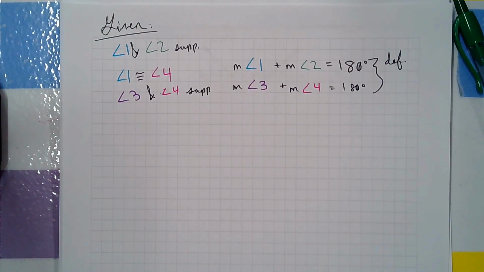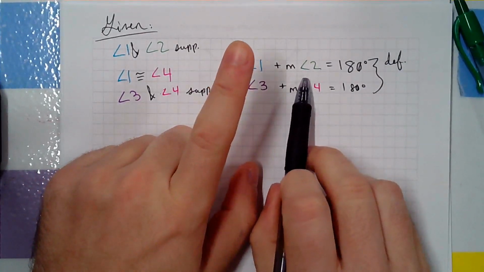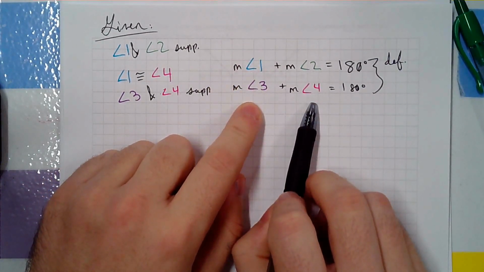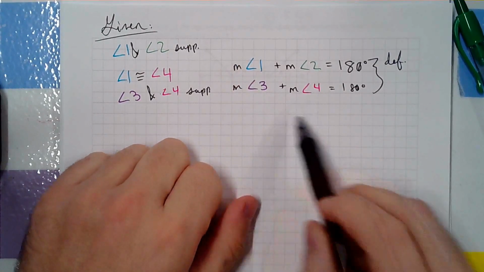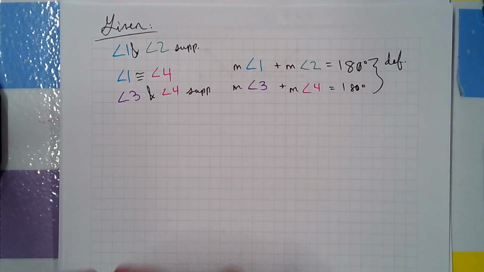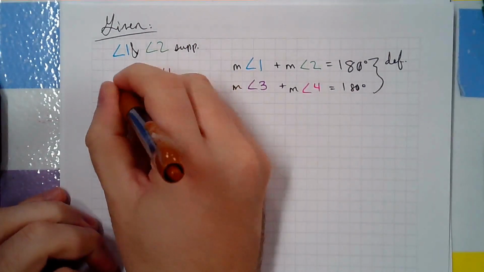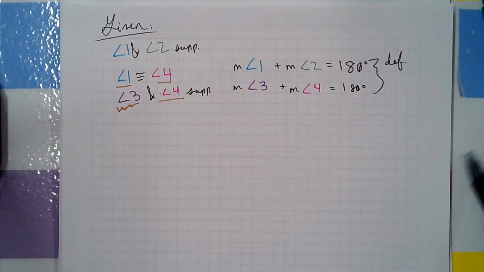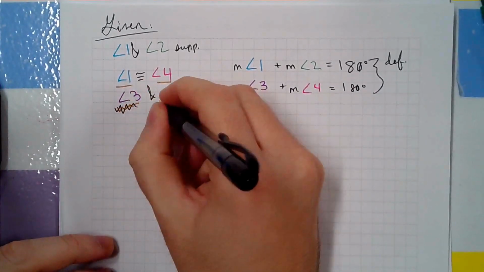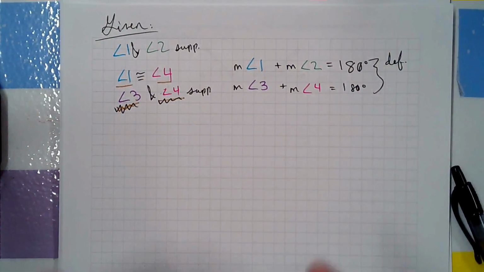So what do they have in common? Well, unlike the last one, we don't have an angle in common between the two, right? Not really. You might be clever and say, oh, look, 3 and 4 are the same. That's true. Or not 3 and 4, sorry, 1 and 4. 1 and 4 are the same.